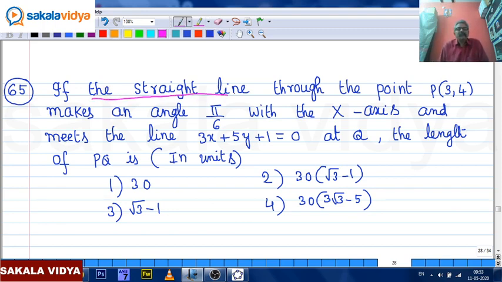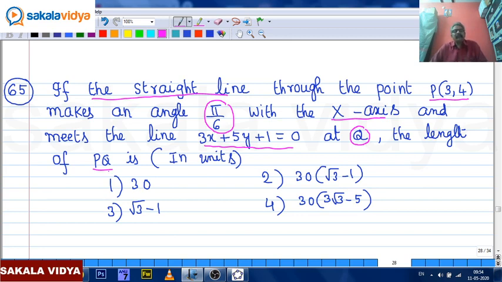If the straight line through the point P(3, 4) makes an angle pi by 6 with the x-axis in positive direction only and meets the line 3x plus 5y plus 1 is equal to 0 at Q, then we need to find the length of PQ. So here we need to find the equation of the line passing through the point (3, 4) and making angle pi by 6, tan 30, whose slope is 1 by root 3.